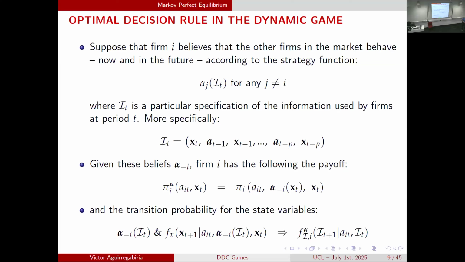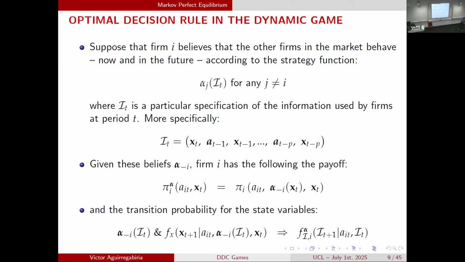In principle, we could consider, as long as you want, the history of previous state variables and previous decisions. Say, suppose that players play strategies that condition on this information, okay?